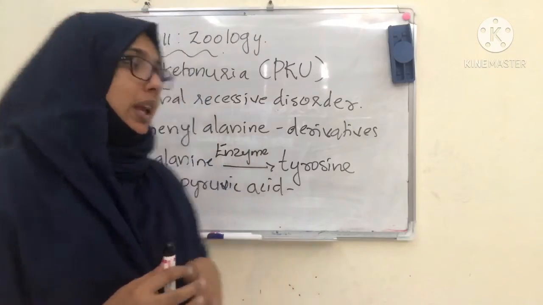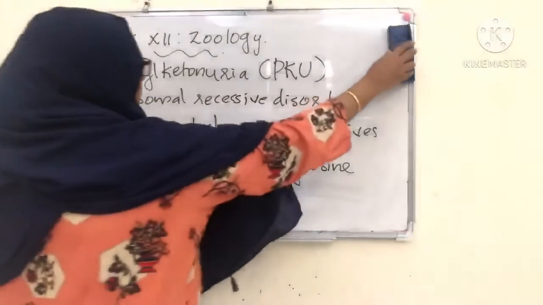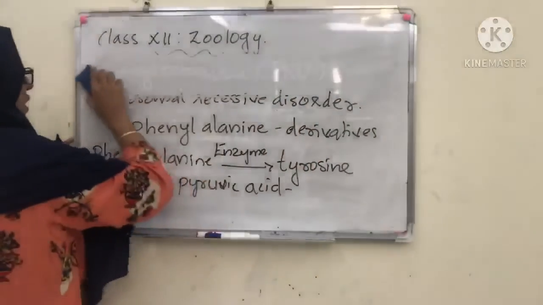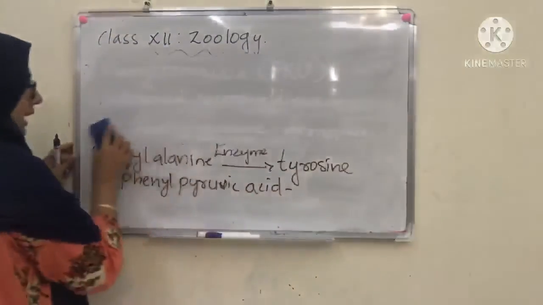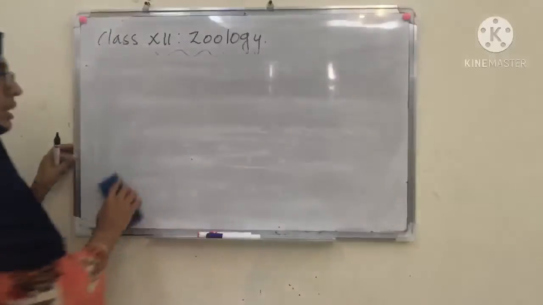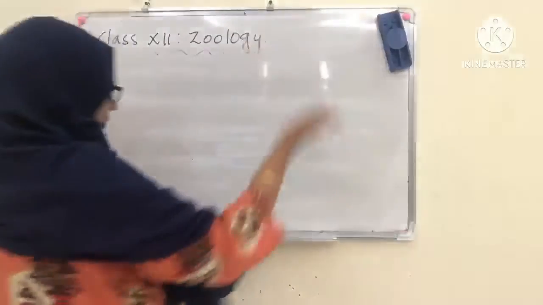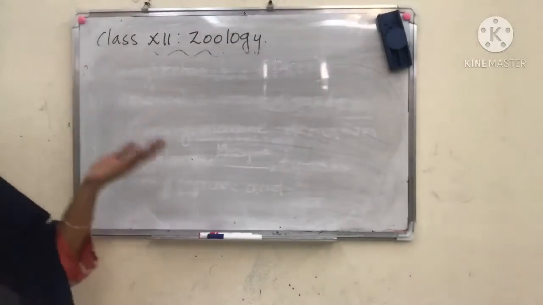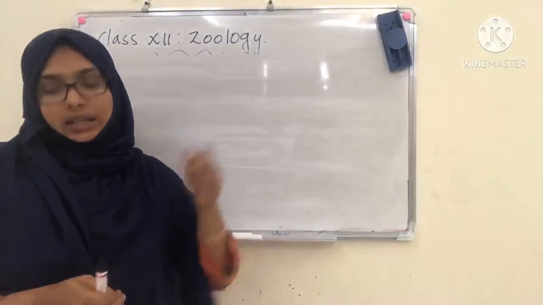Phenylketonuria. Okay, so that's all about hemophilia, autosomal recessive disorders, genetic disorders, or the Mendelian disorders. We discussed the Mendelian disorders: hemophilia, sickle cell anemia and phenylketonuria.